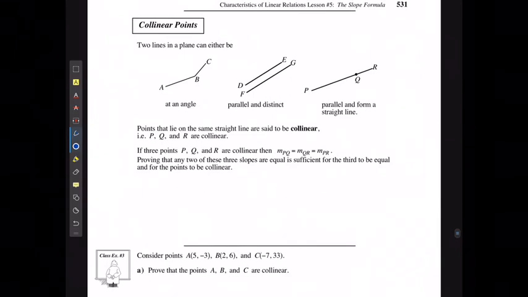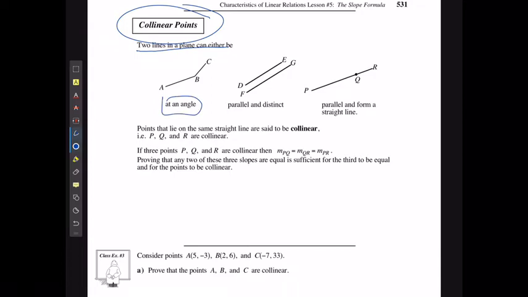All right, when we're talking about collinear points, 2 lines that exist on a plane can either be at an angle where A to B to C all wind up connecting, but the line doesn't continue on, so you can see that there is an angle or a shift here. You can have 2 line segments that are parallel and distinct, which means that even though they share the same slope, they run through completely different points.